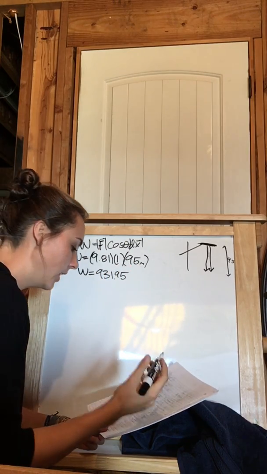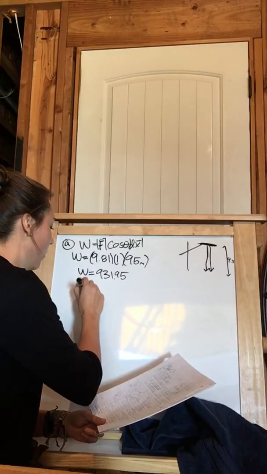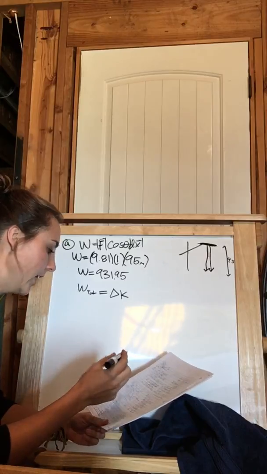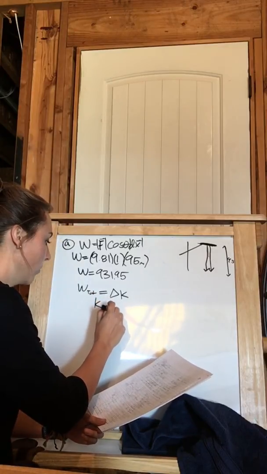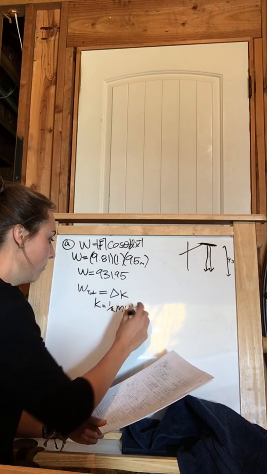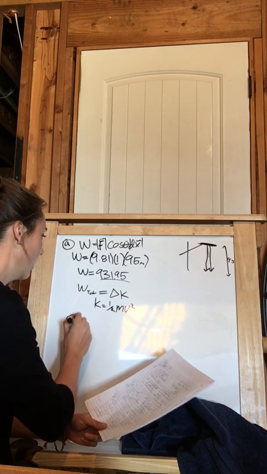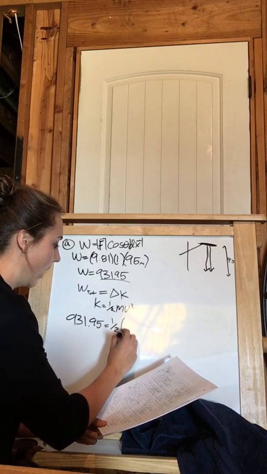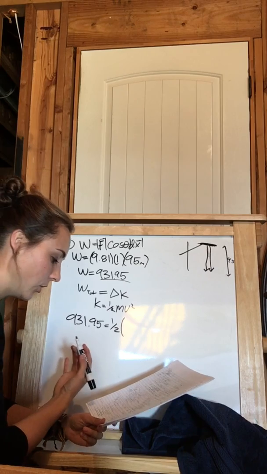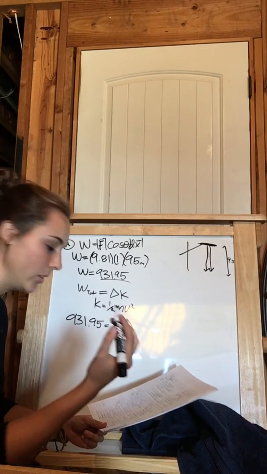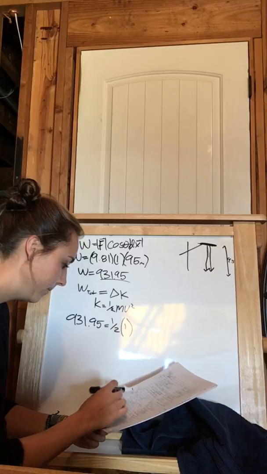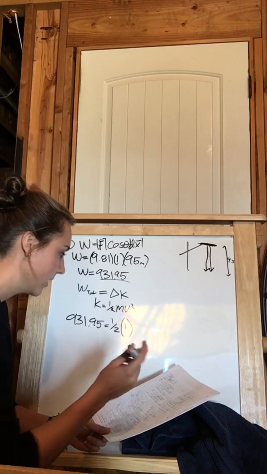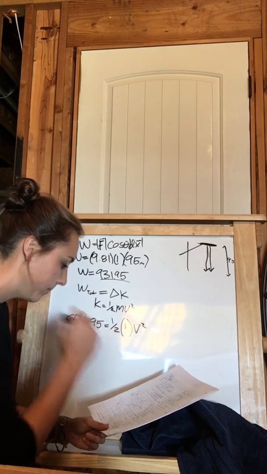931.95. Now the theorem is that the total work on something equals the change in K, and K equals 1/2 mv squared. So we can set this total work, 931.95, equal to 1/2 the mass, which again I'm just assuming is 1 because they don't give it to us, 1/2 times the mass times velocity squared.